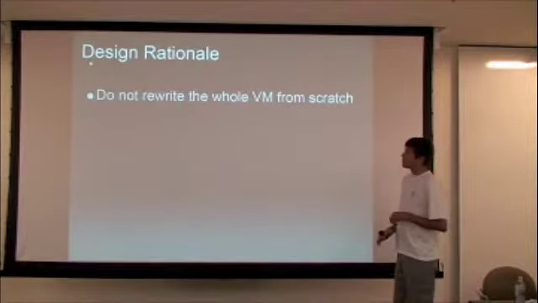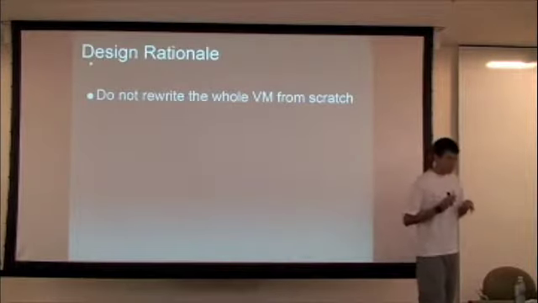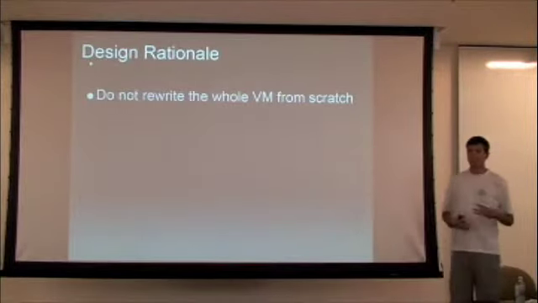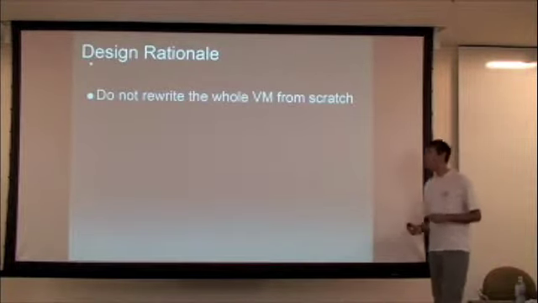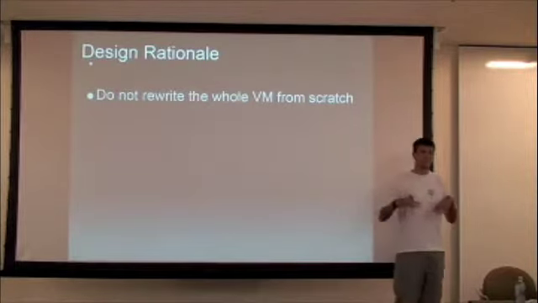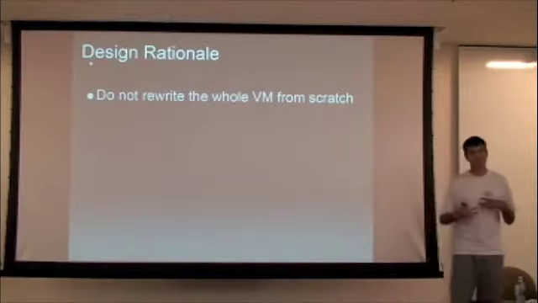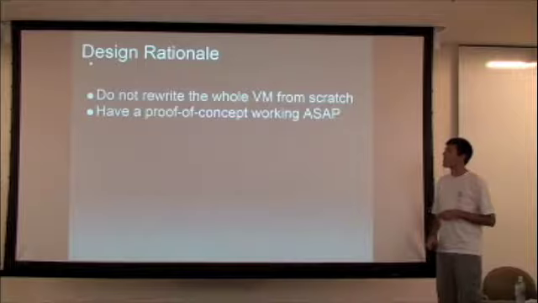We didn't want to rewrite the whole VM from scratch because the VM is evolving every day, and our team is just me, so I can't keep up with the pace of the development of the VM. So we clearly don't want to reinvent the wheel. We want to reuse as much code as possible.